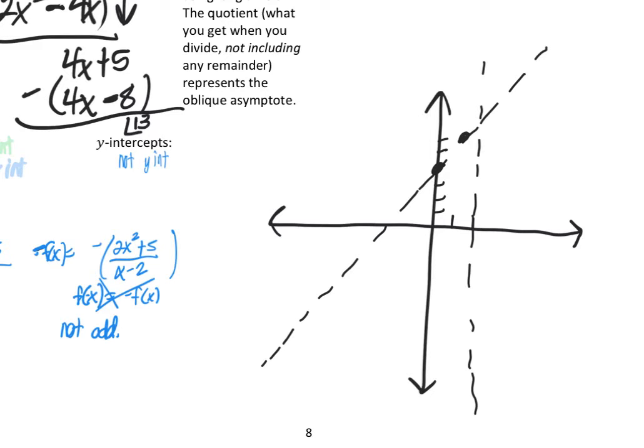I know I have an x-intercept at negative 5/2. And negative 5/2 would be negative 2.5. So there's an x-intercept for that graph right there.